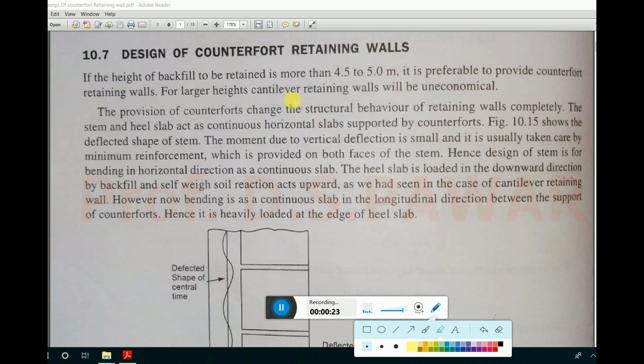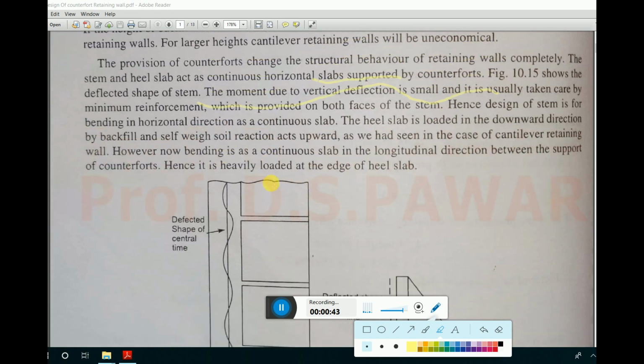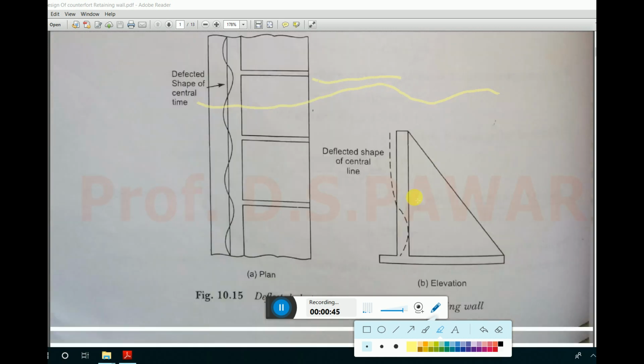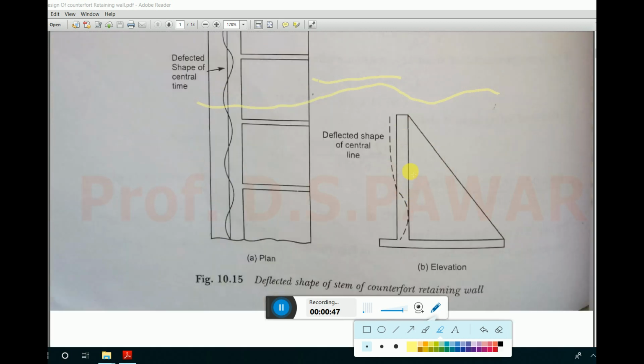The difference here you can see: when the height of stem is greater than 4.5 to 5 meter, it is preferable to provide the counterfort retaining wall. For larger height, a cantilever retaining wall will be uneconomical. Why is it uneconomical? Because you already know that in a cantilever retaining wall the stem behaves as a cantilever.